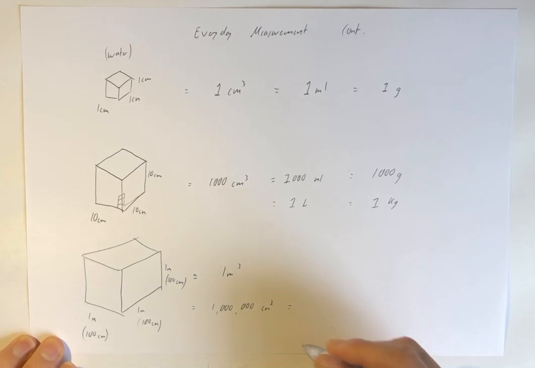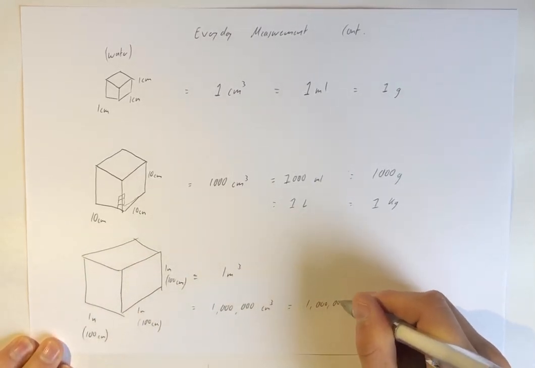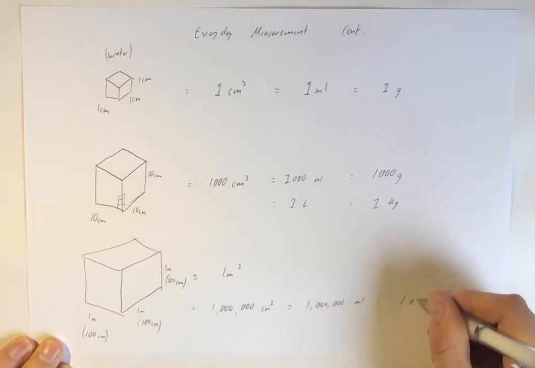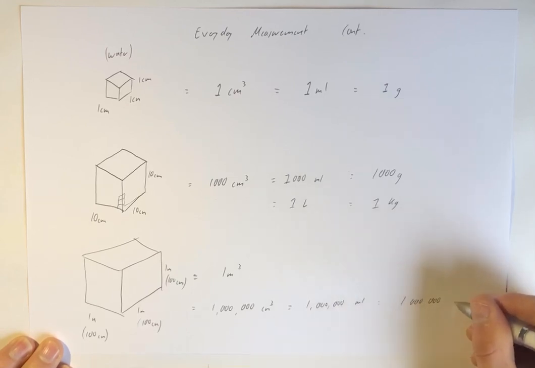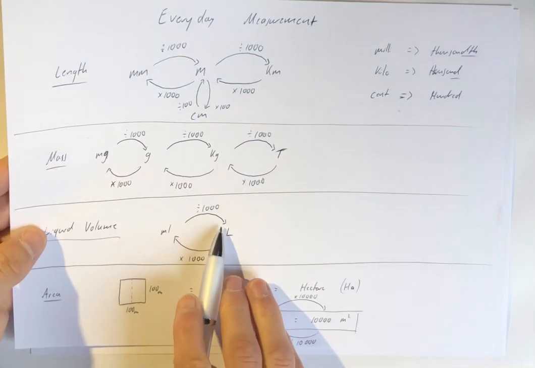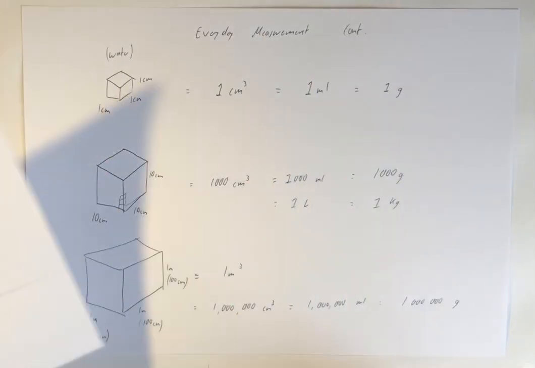So what's that in mils? Well, that's 1 million mils of water, which is 1 million grams. And we know that from our conversion that if we wanted to convert into litres, we divide by 1,000.